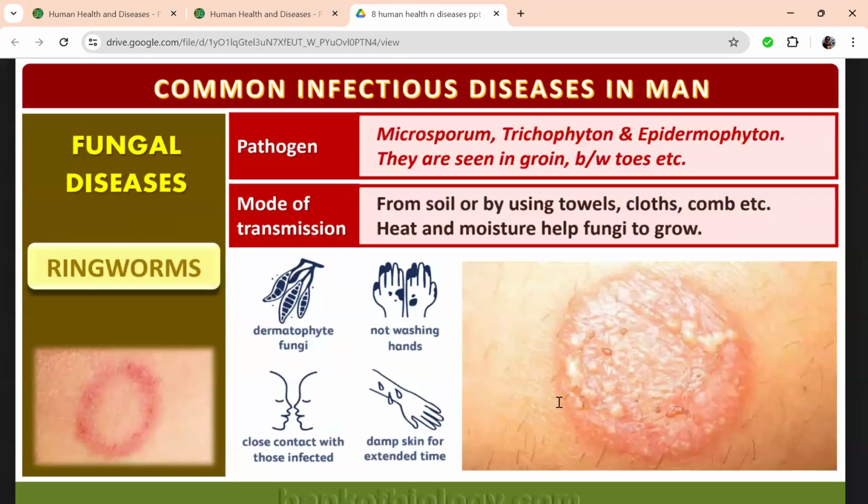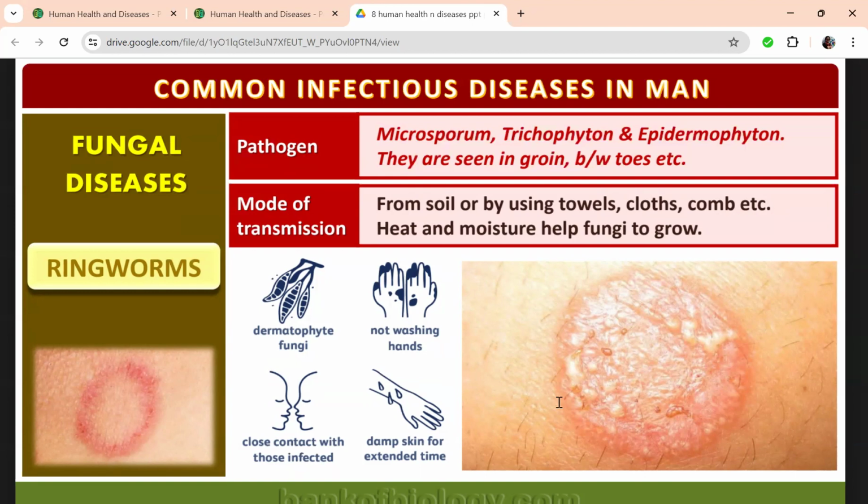Now here, the mode of transmission is from soil or by using towels, clothes, combs, etc. Heat and moisture help the fungi to grow. So basically, if you don't dry the areas, that might cause a fungal infection or ringworm.